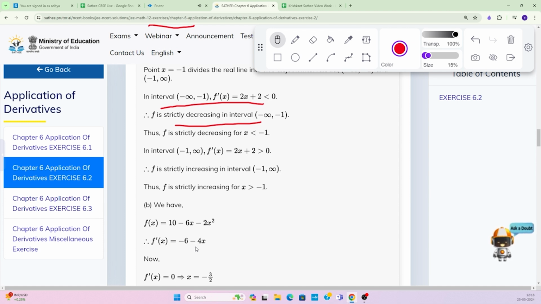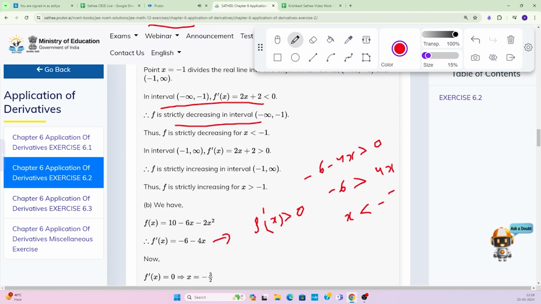You have to find when f prime x is positive. So minus 6 minus 4x is greater than 0 when minus 6 is greater than 4x. This means x is less than minus 3 by 2.